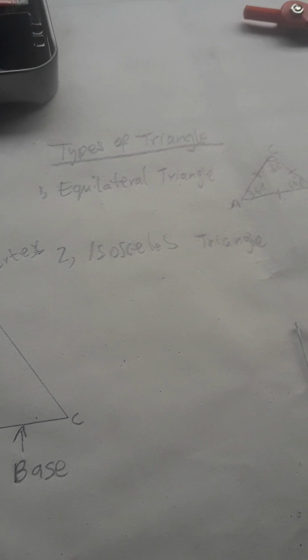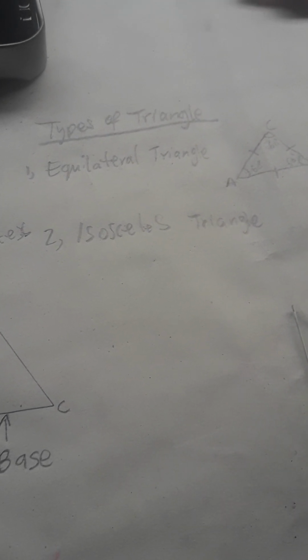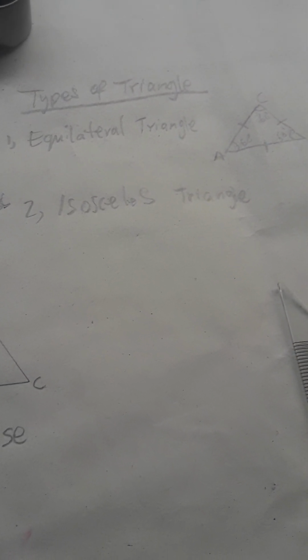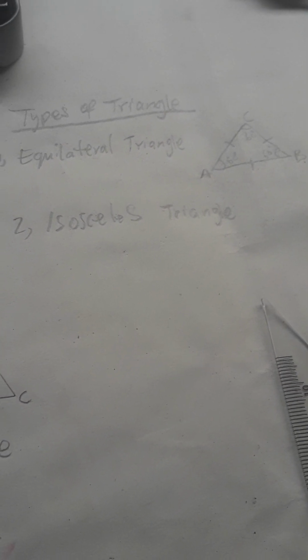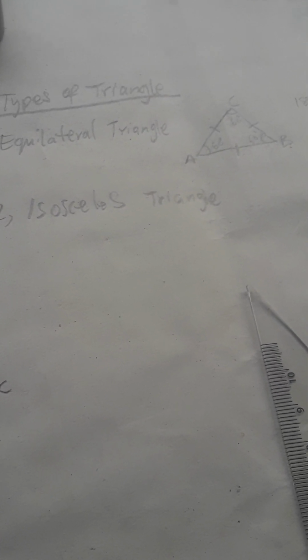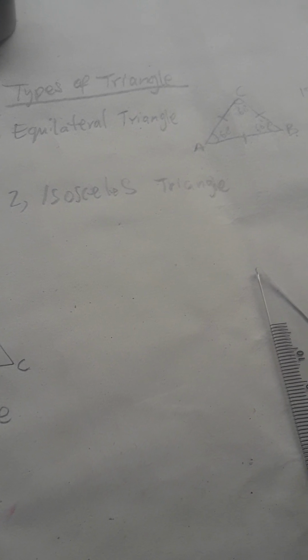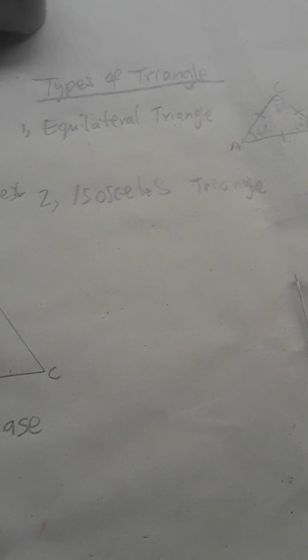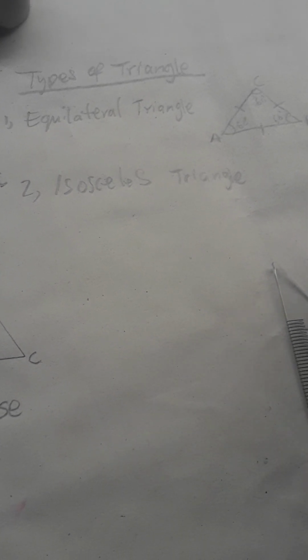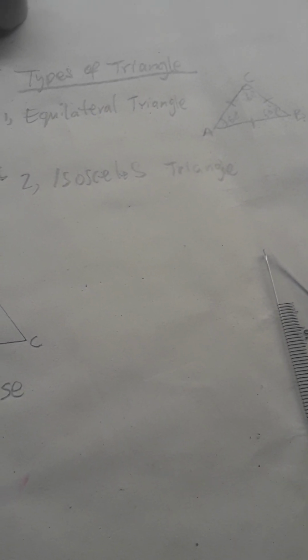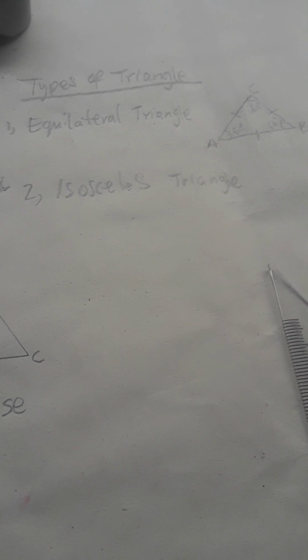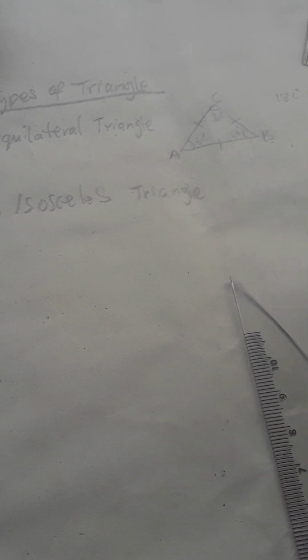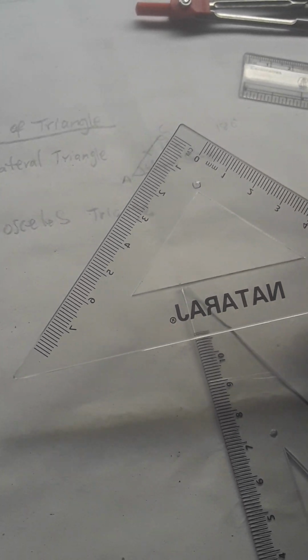Now, an isosceles triangle is a triangle that has two equal sides and angles. You can also say it's a triangle whose two sides are equal in length. When two sides of a triangle are equal in length, then you can call that what? Isosceles triangle. For instance, the set square here is an isosceles triangle.